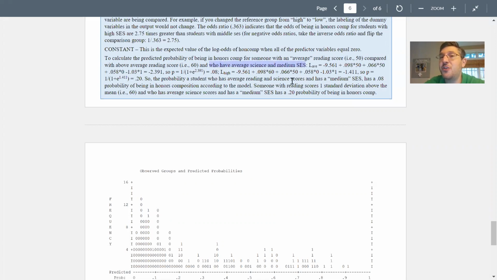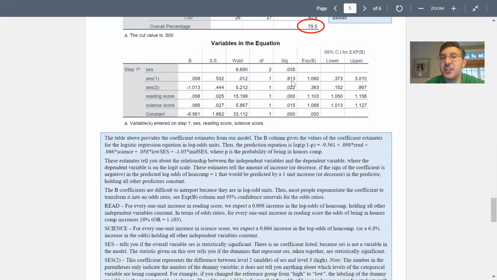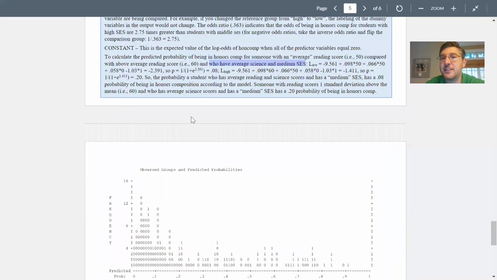So we would solve our logistic regression equation, which is given in our coefficient estimates here. We have a constant, 0.066 times science, 0.098 times reading, minus 1.0313 times SES. I think this was medium SES.